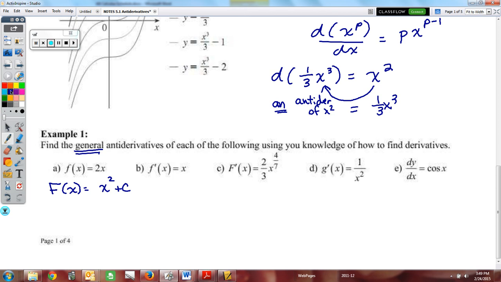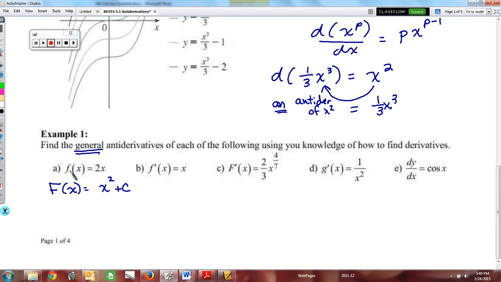Now you want to get in the habit of paying attention to notation. Here in this one, they didn't call this f of x, they called it f prime of x. So the antiderivative of f prime of x would be little f of x. So you want to match your notation to the notation that they use. And what must that have been?